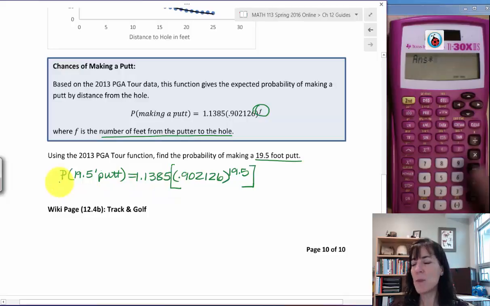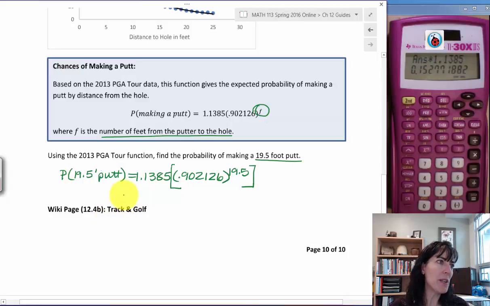So just times 1.1385. Double check my numbers went in correctly. They did. Push equals. And I have the probability of making that 19.5 foot putt is 0.1528.